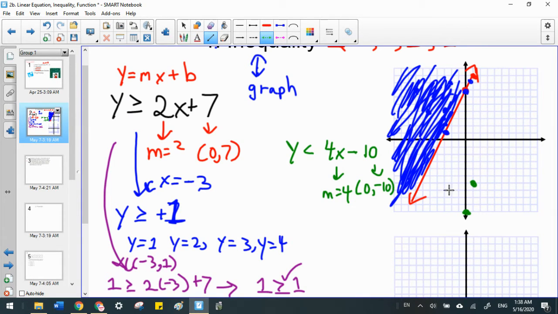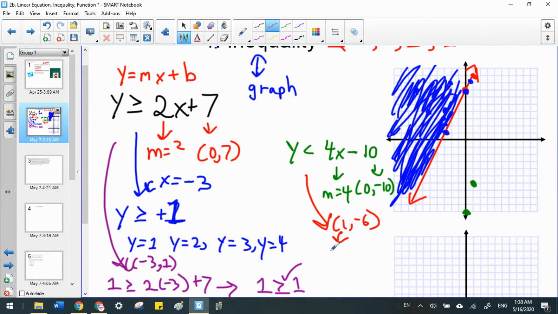So even though I have the point 1, -1, 2, 3, 4, 5, 6, which is definitely going to be on the line, if I were to try it in the inequality, I would get -6 is less than 4 times 1 minus 10, which simplifies into -6 is less than -6, which is not a true statement.